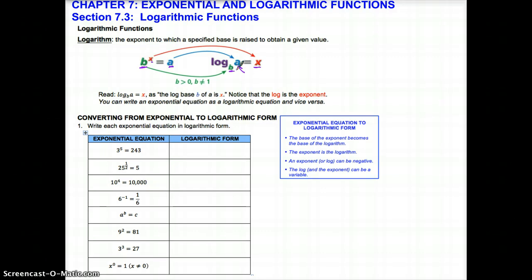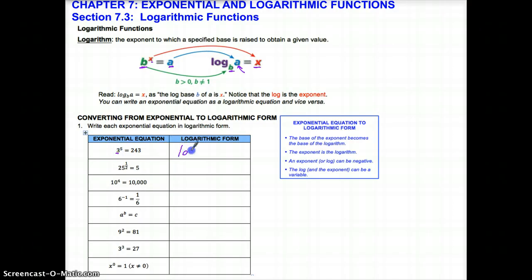And when we look at the exponential function and the logarithmic function, they are inverse functions. So when we take a look at this first example, and we're taking an exponential form of a number and rewriting that in logarithmic form, the base of our number is the base of our log.